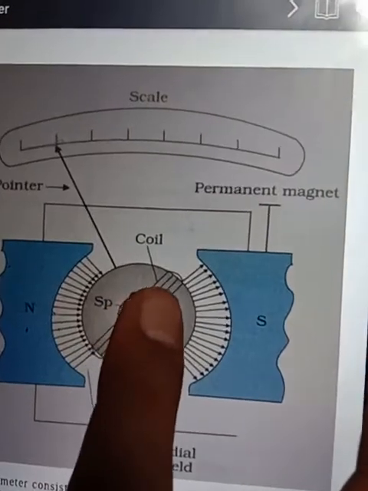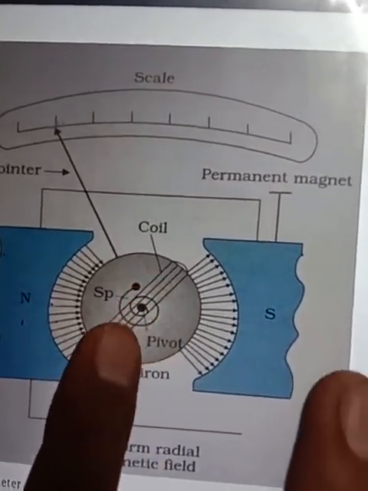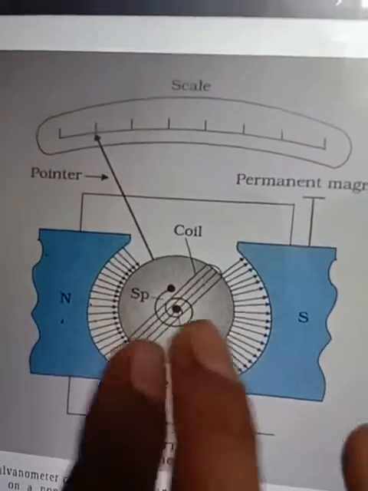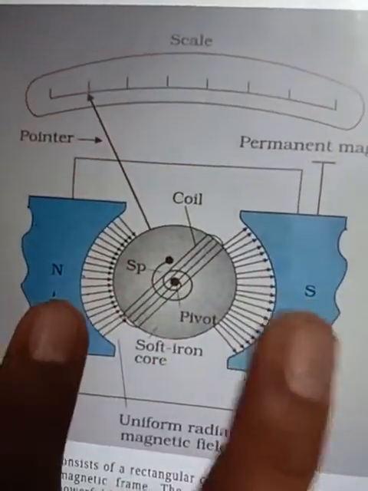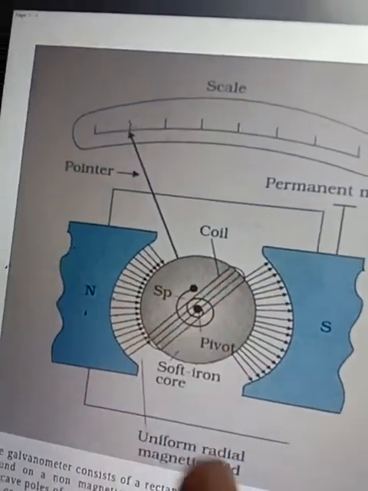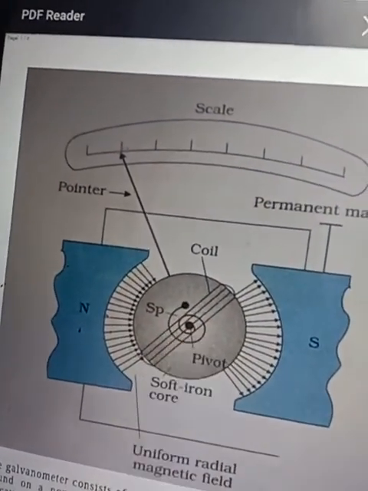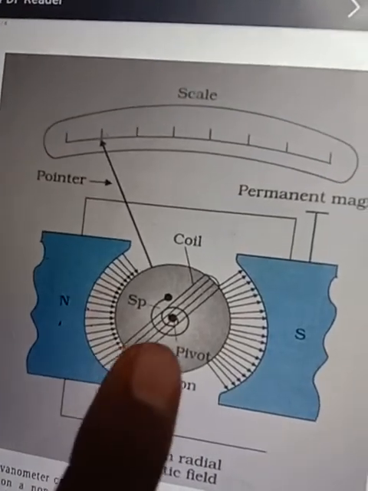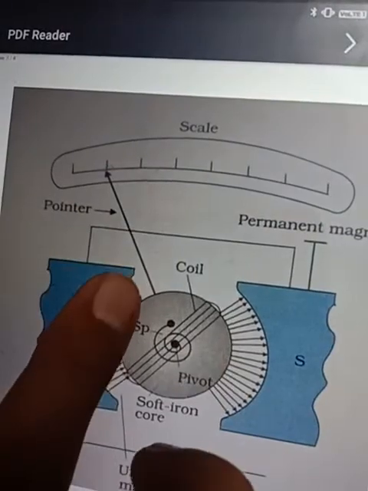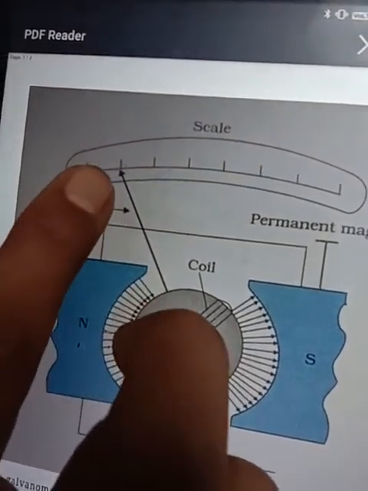Now say these are the coils. This rectangular coil is placed at the center of the two magnets, and this coil is carrying the current. Okay, and to this particular coil a pointer is connected. When the pointer is connected, and to this pointer here scale is there.